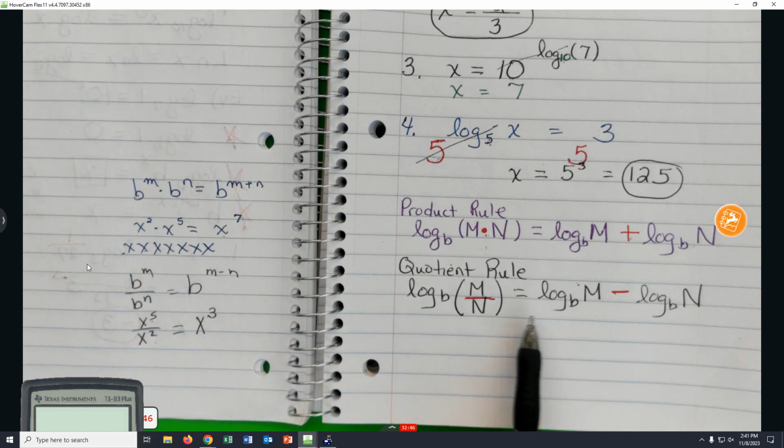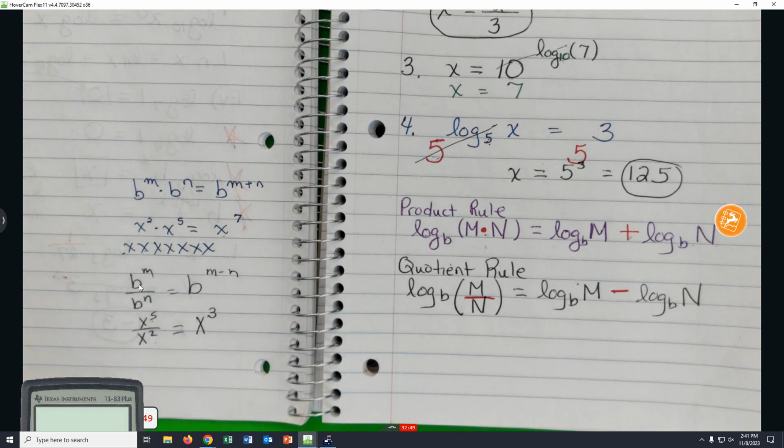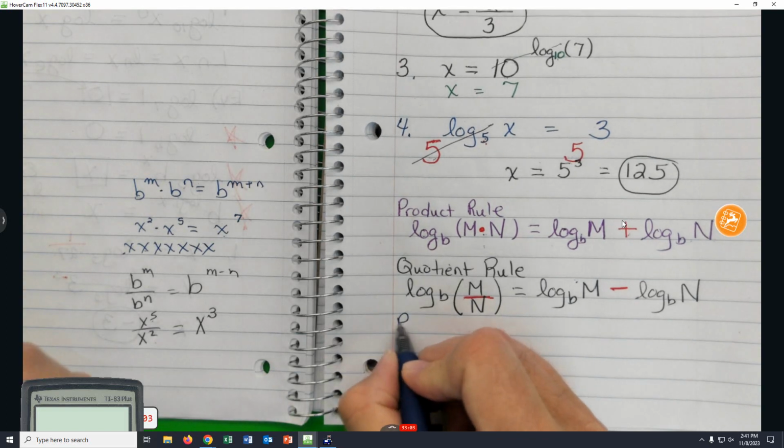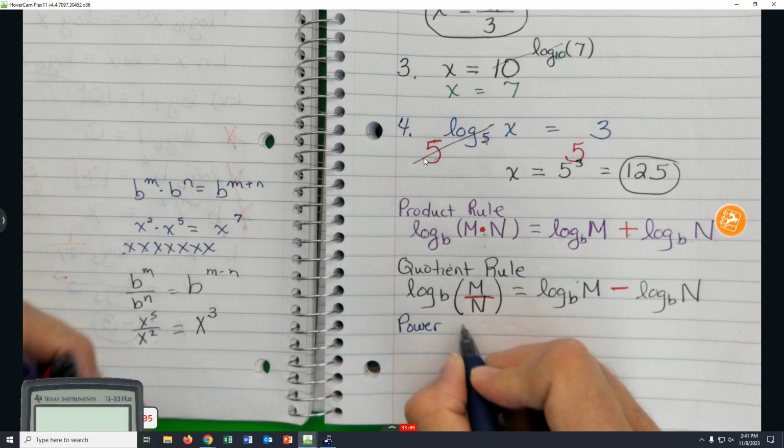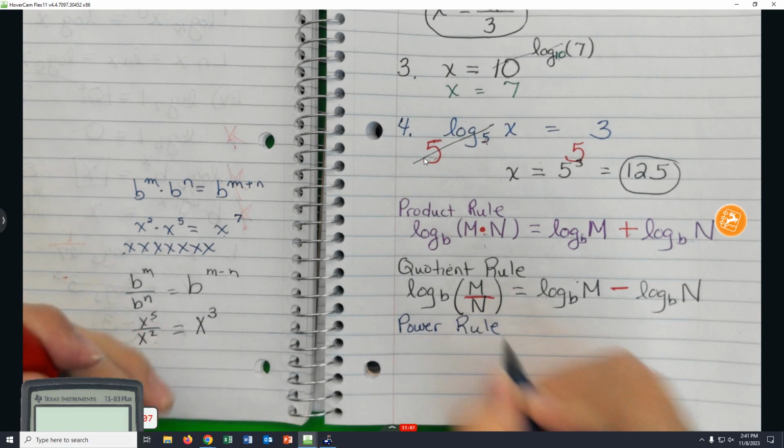And so, repeated bases being divided, you subtract the exponents. Argument being divided, you subtract the logarithm. Repeated bases being multiplied, you add the exponents. Arguments being multiplied, you add the logarithms. Well, that makes it clear to you.